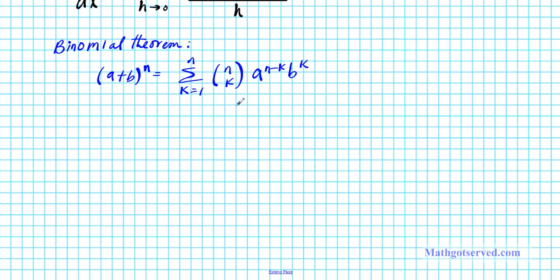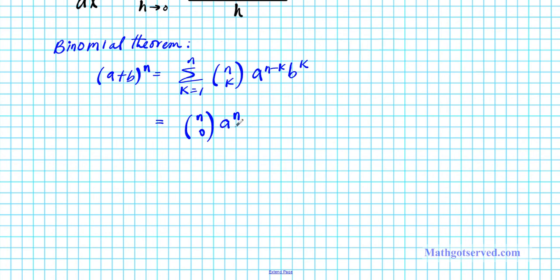If I want to write this in expanded form, it's going to look like this. n choose 0, that will be the first term, times a to the n minus 0, b to the 0.